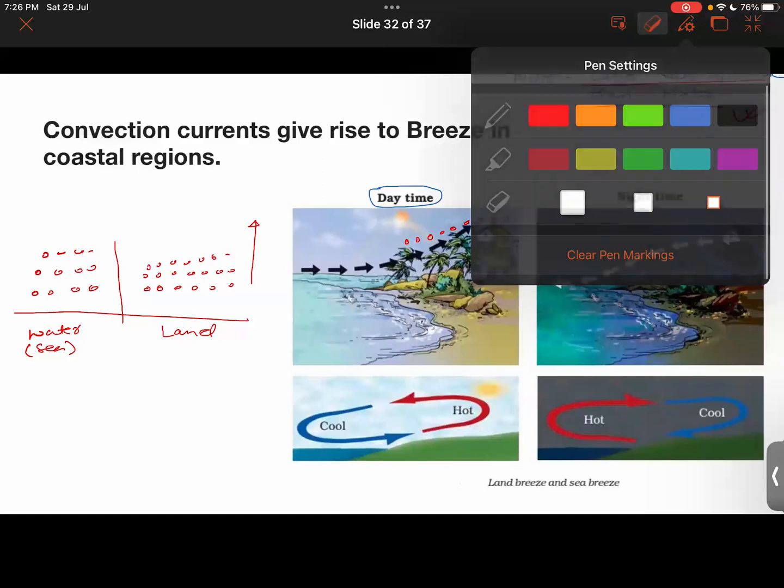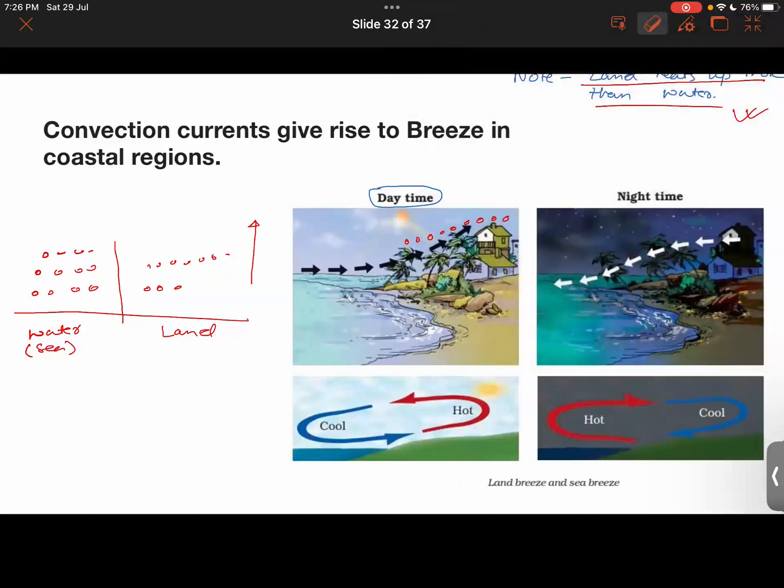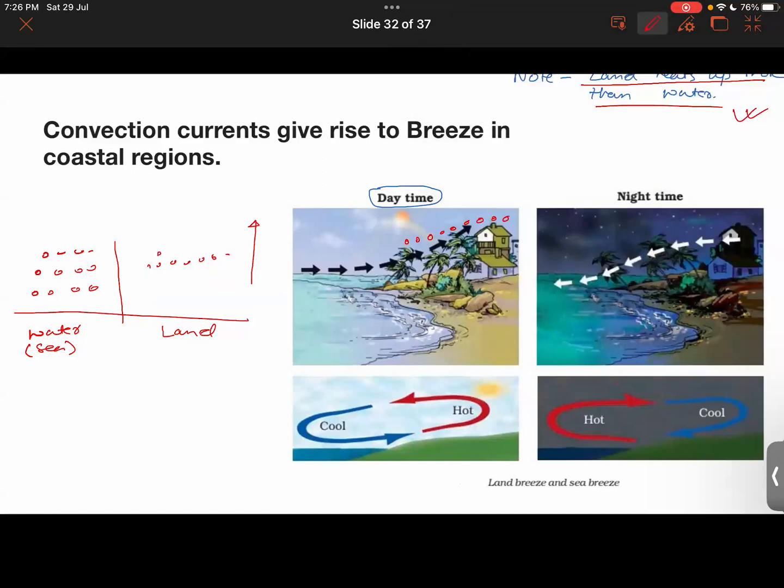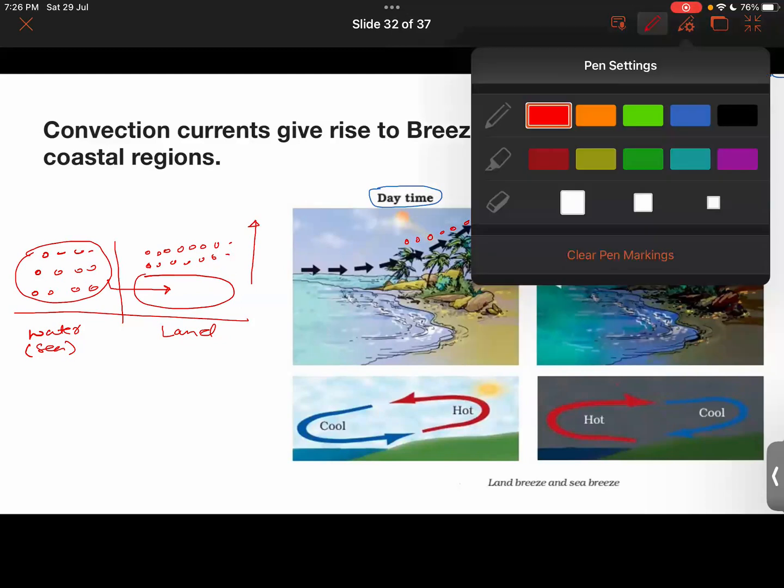They will start to rise up, so there will be a gap. There will be a vacuum created here since the air molecules are rising up. That gap is occupied by these colder molecules of air, which will take the place of this emptiness here. Getting it, guys?